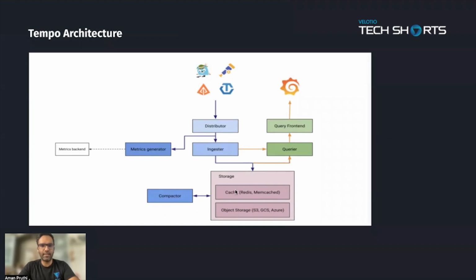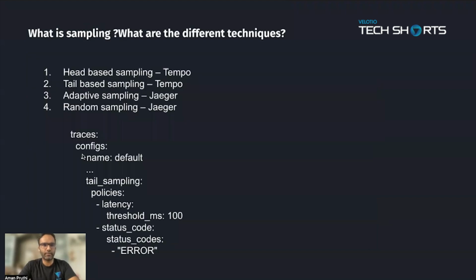The caching layer is implemented to improve query response time. The compactor compacts the data after a certain amount of time and puts it back into the storage for optimal storage utilization. This also generates some metrics around traces, and if you want to ingest them into your metrics backend, that can also be done.